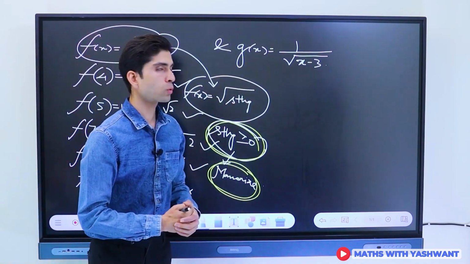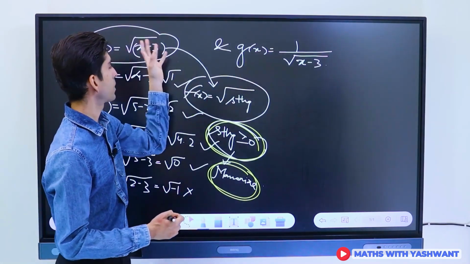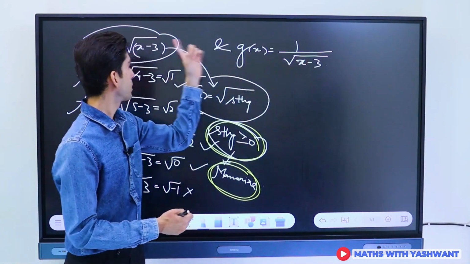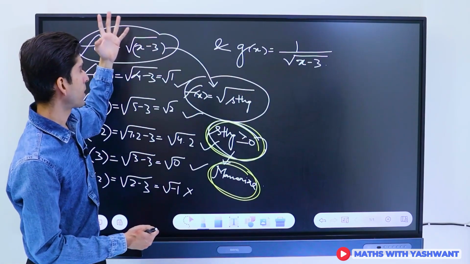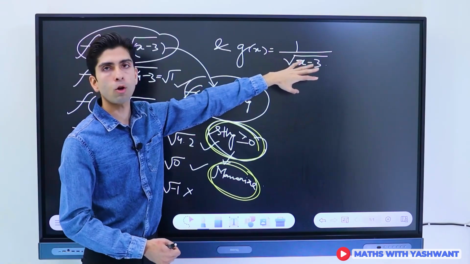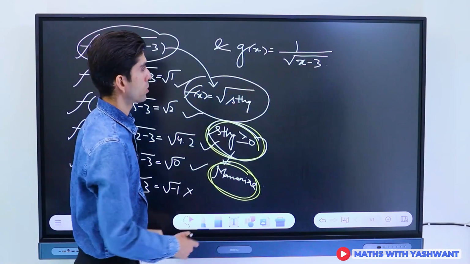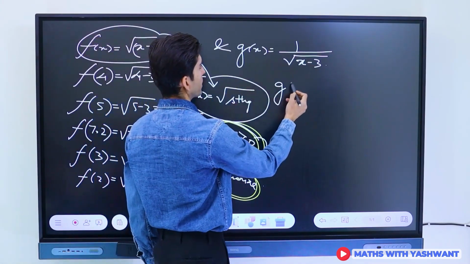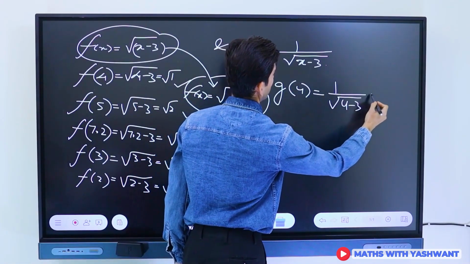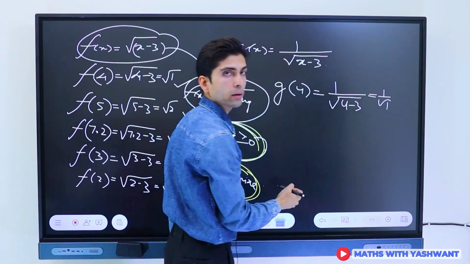Now, let's have a look at this. When we have 1 upon the square root of x minus 3, what is the difference between these two? Again we have a square root sign, but unlike this situation where we have a square root sign in the numerator, here we have the square root sign in the denominator. So if I take x as 4, 1 upon the square root of 1, it is defined.